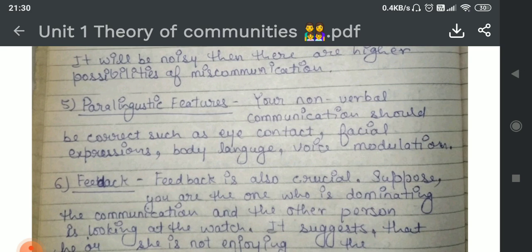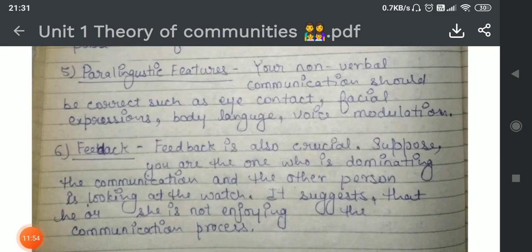So yeah, then you can work on your voice modulation. Suppose if I speak in a high pitch, that will be more like a warning. So don't do that. And your facial expression, it shouldn't be a dull face, so you should be smiling and all. Now we have feedback. Feedback is very crucial.